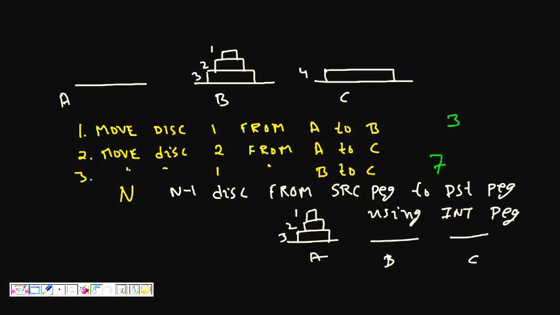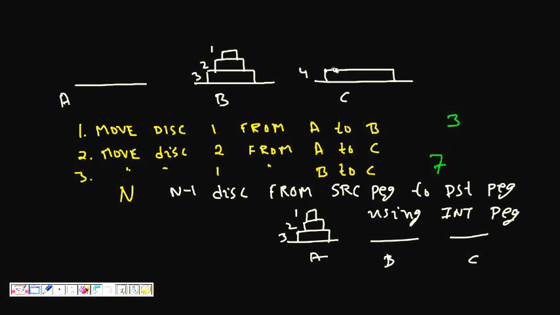Now I already know that I can move n minus 1 disks, or 3 disks, from a source peg to some destination peg using another peg as the auxiliary peg. So now I can move these 3 disks from source B to destination C using peg A as the intermediate.